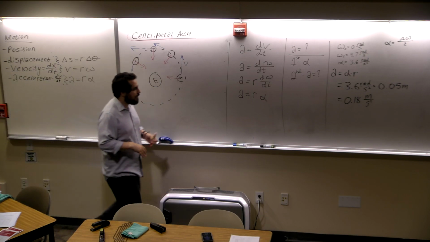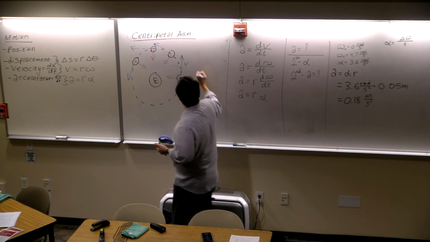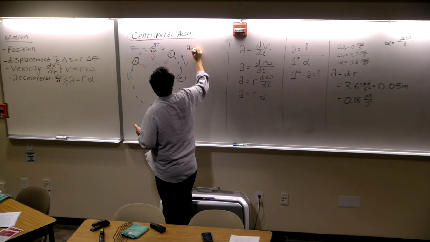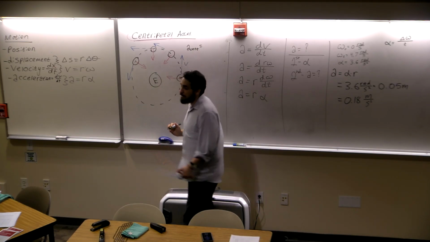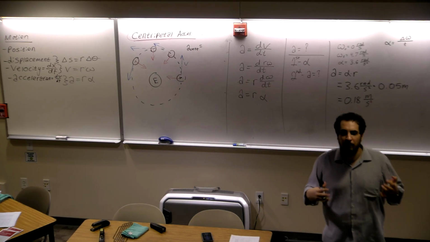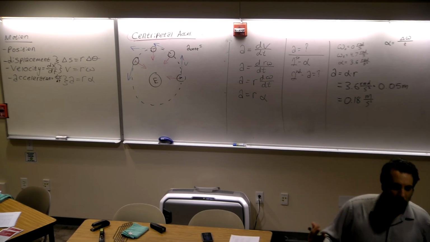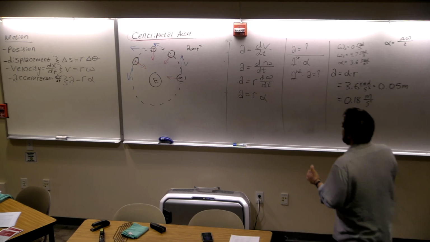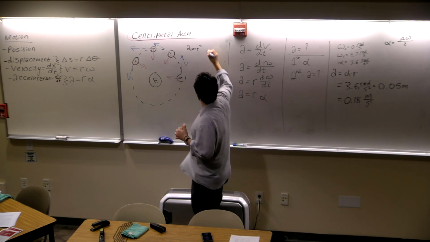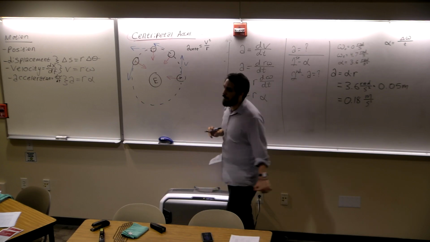And you ask, well, how do you find the centripetal acceleration? There's a longer derivation to be shown here that I am skipping over. Why am I skipping over it? I don't think there's a ton of value in deriving this, and we'll see later a better way to look at this. But the centripetal acceleration can be found by taking v squared and dividing it by the radial distance.